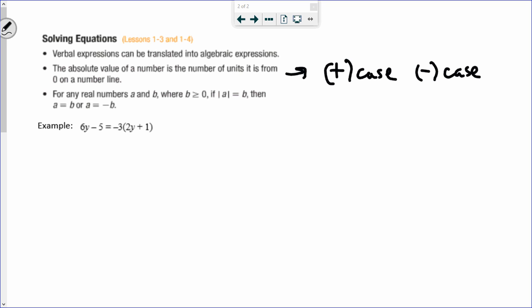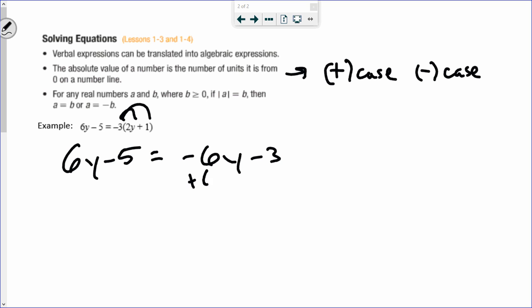So this is just an example of solving an equation. It's a pretty standard equation to solve. We're going to solve for y. First thing we need to do is simplify the right side. The left side is going to stay the same. It's going to become equal to, we've got to distribute the -3, so it's -6y minus 3. Let's add 6y to both sides.